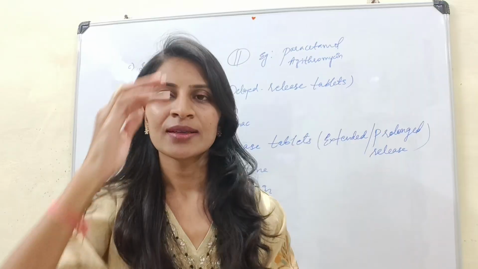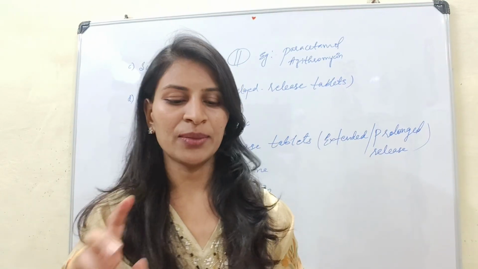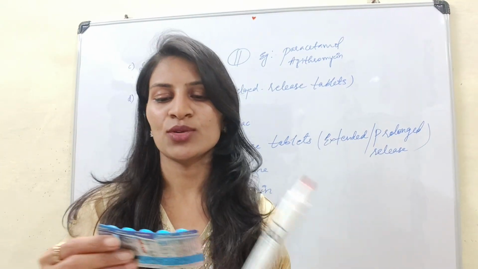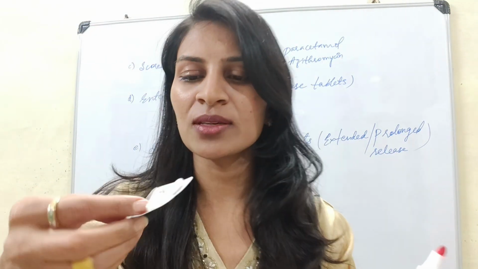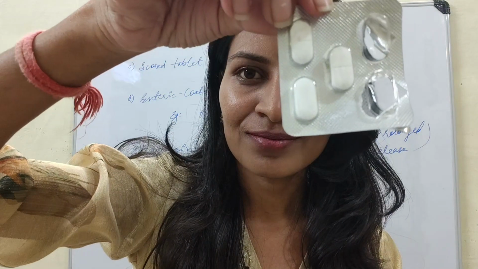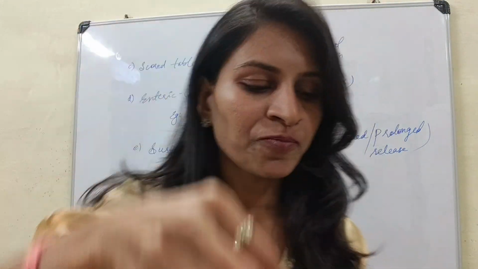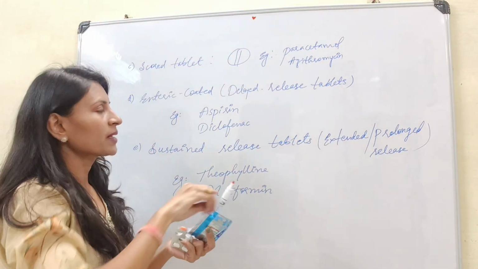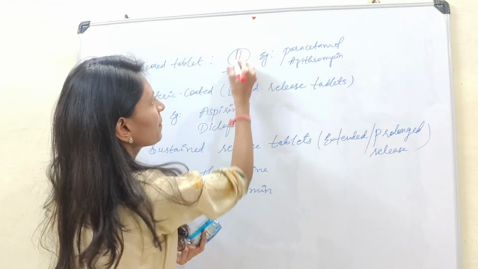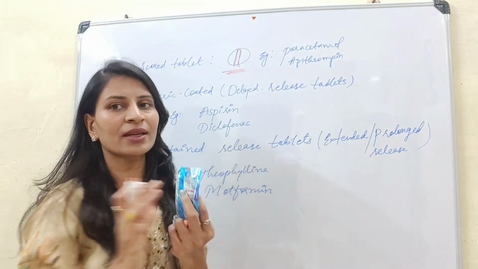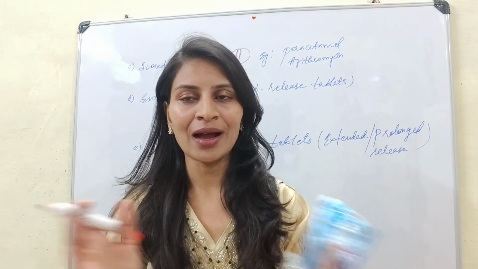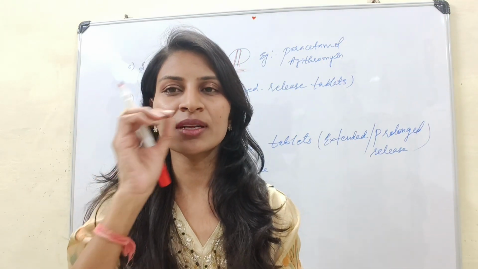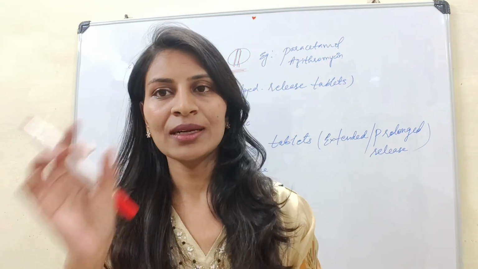Then we'll see scored tablets. These are the scored tablets, like the common one, paracetamol, and azithromycin also. Can you see the mark in between? Scored tablets have a mark in between so that the tablet can be divided into two equal halves, and the drug is concentrated evenly in every part of the tablet.